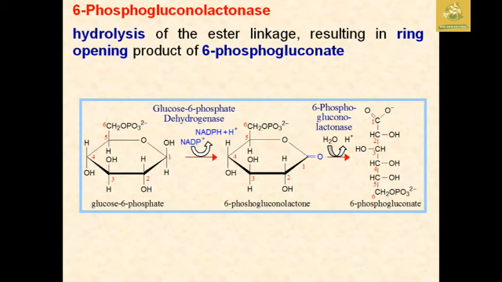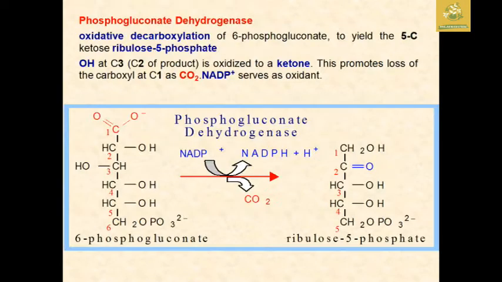The lactonase used to hydrolyze the ester bonds, opening the ring structure to produce 6 phosphogluconate as the product.